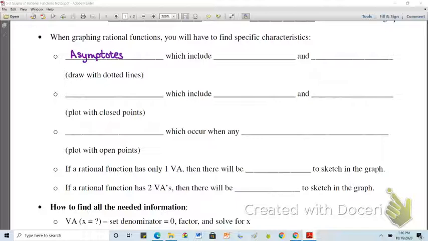These are going to include your vertical asymptotes, remember, which we abbreviate as VA, and horizontal asymptotes, which we abbreviate as HA. All of your asymptotes will be dotted lines, and remember, whether they're vertical or horizontal, they need to be in red.